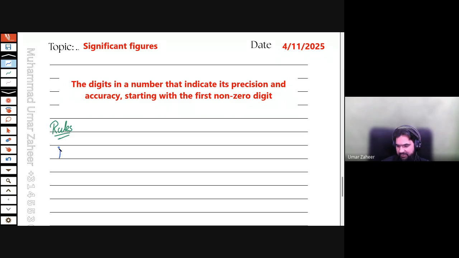The first rule: all non-zero digits are significant.